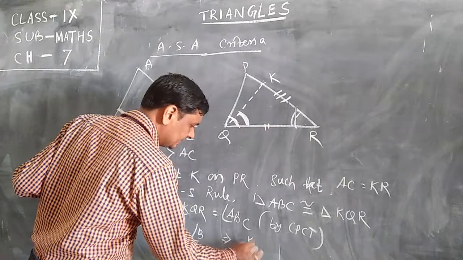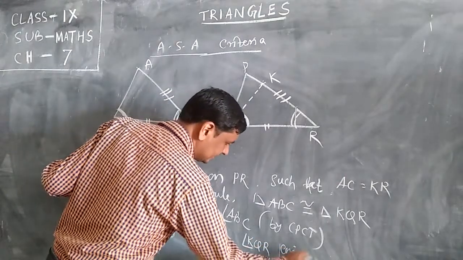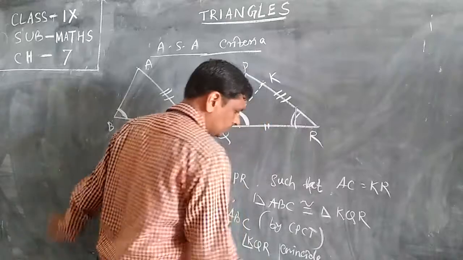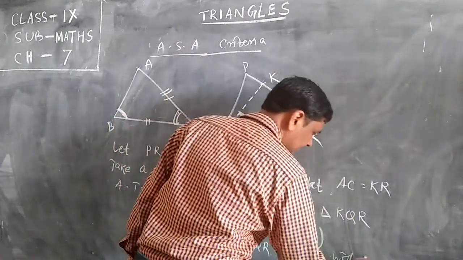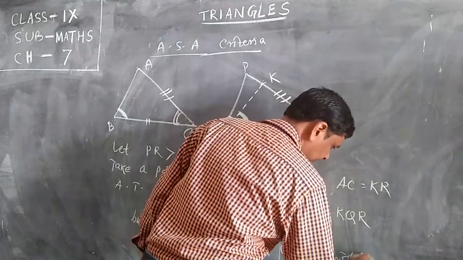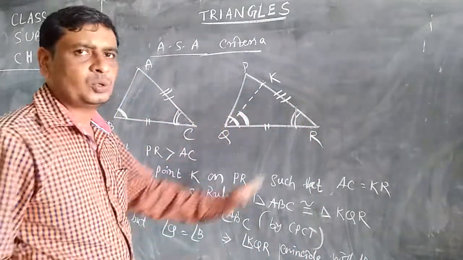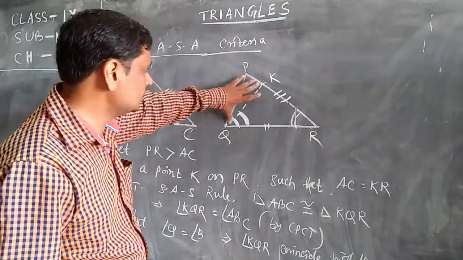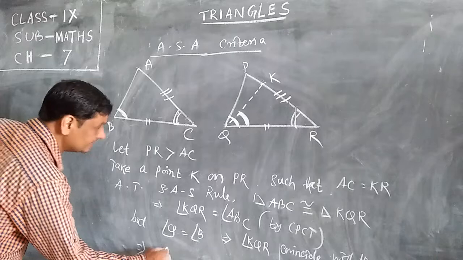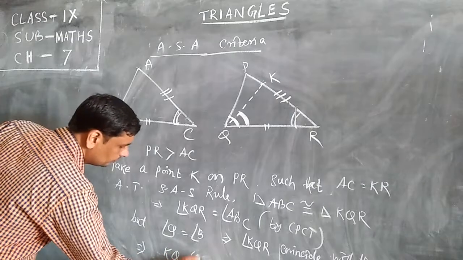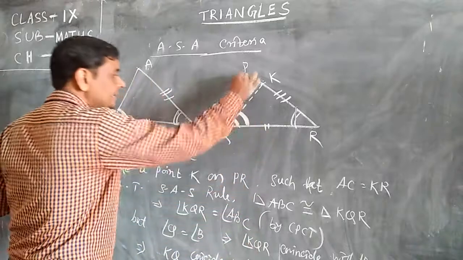This implies angle KQR coincides with angle PQR. If two angles coincide with each other, then KQ and PQ also coincide. This implies KQ coincides with PQ.